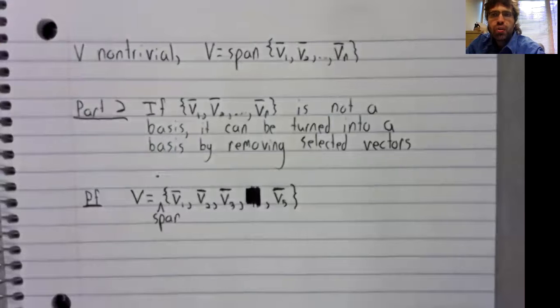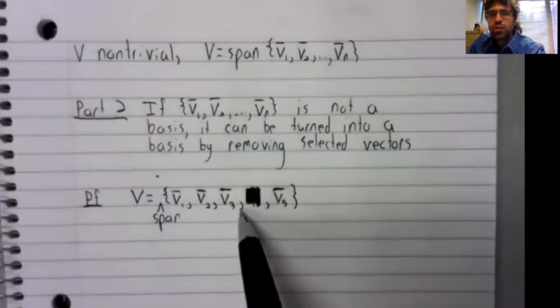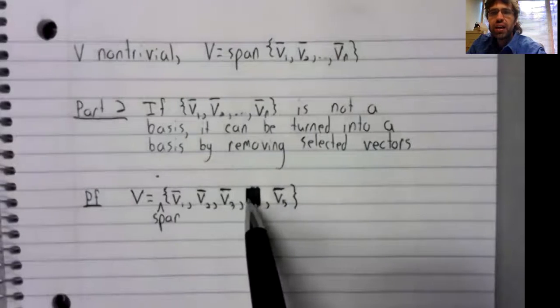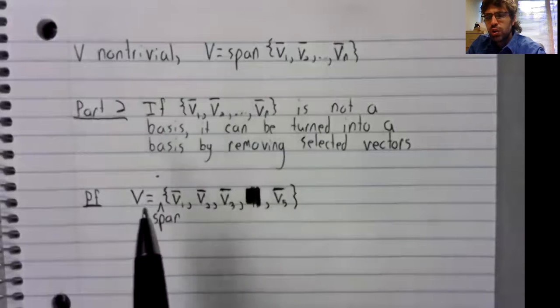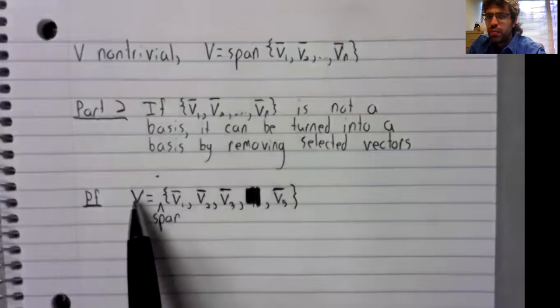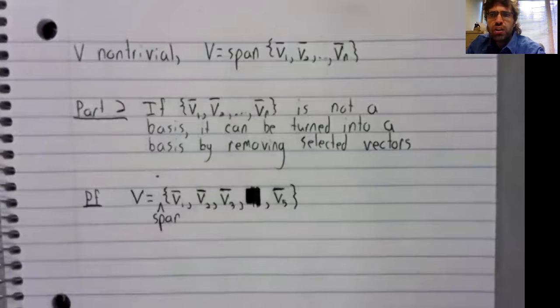Now, either these vectors are a basis or they're not. If they're a basis, good. We have taken this set and turned it into a basis by removing a selected vector, just like we were trying to do. If they're not, why not? Now they still span V, so once again, the only reason this would not be a basis is if it's linearly dependent.